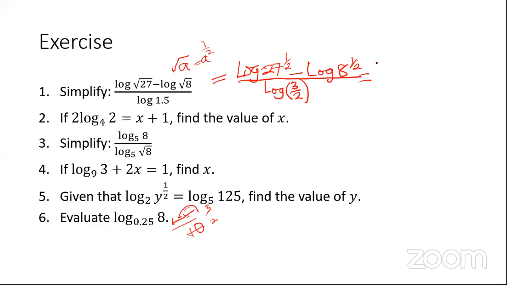So we have logarithm of 3 raised to power 3, also raised to power half, minus logarithm of 2 raised to power 3, also raised to power half, divided by, according to the law of logarithm, when you have a logarithm of a divided by b, you can change it to log a minus log b. So this is the same thing as log 3 minus log 2.